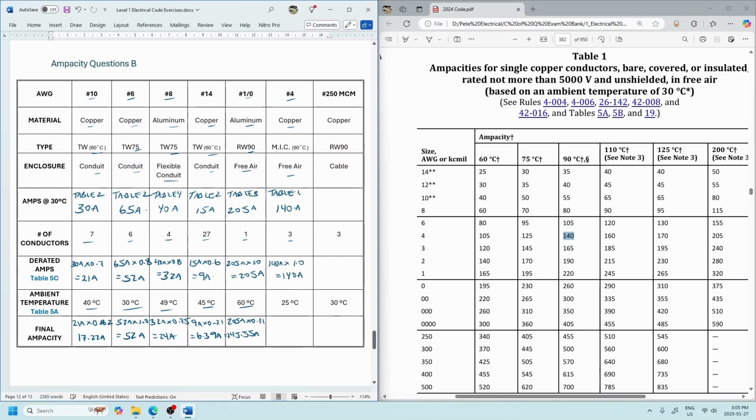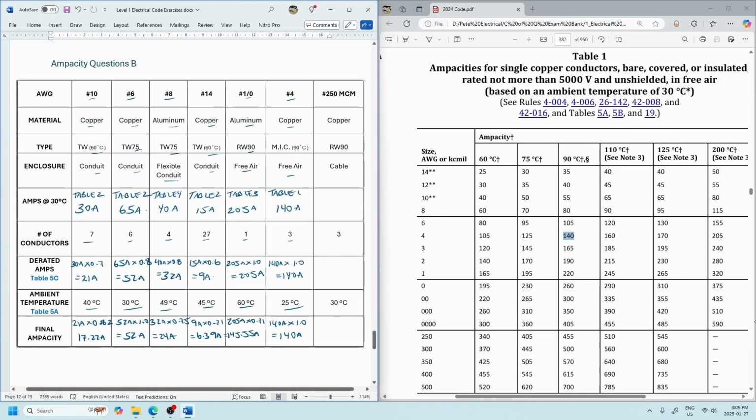And they also have ambient temperature below 30, so then we can keep that 140 again at 100%. And so the number 4 copper mineral insulated cables that we have run in free air are each going to be good for 140 amps as our maximum ampacity.